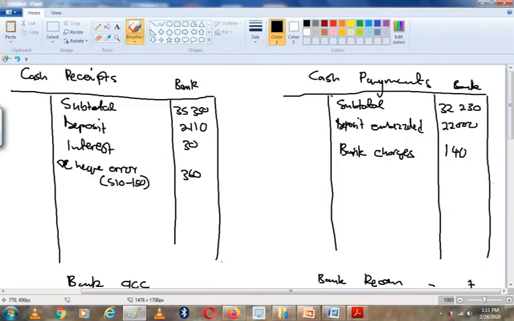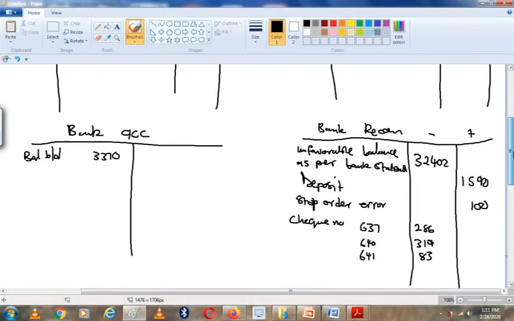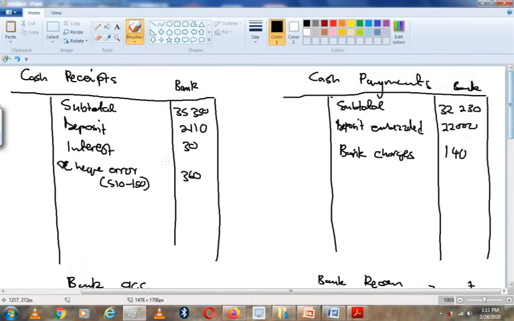So of course in our recon it's already entered as unpaid, and we thought that this person has paid us. Therefore we should correct our cash receipts, because when someone pays us we record it in our cash receipts, but this person essentially has given us a dummy, so we should put it here, unpaid check. $250.